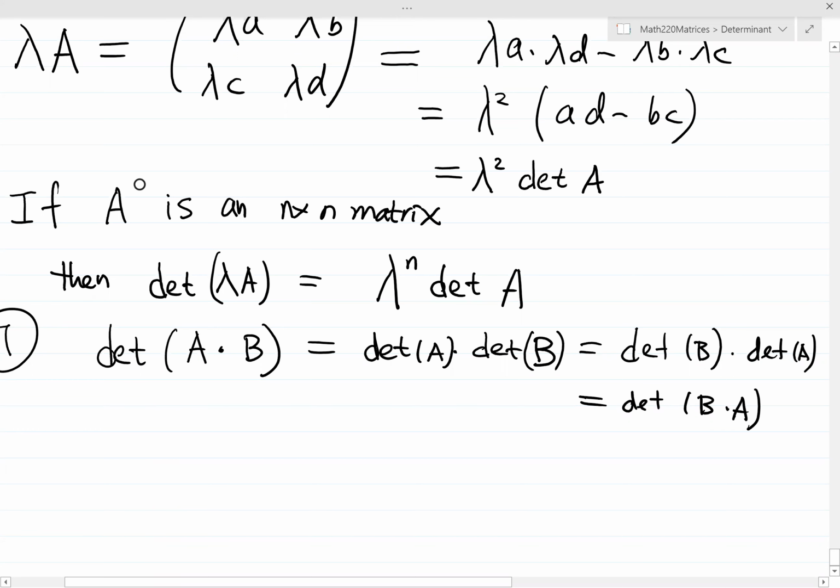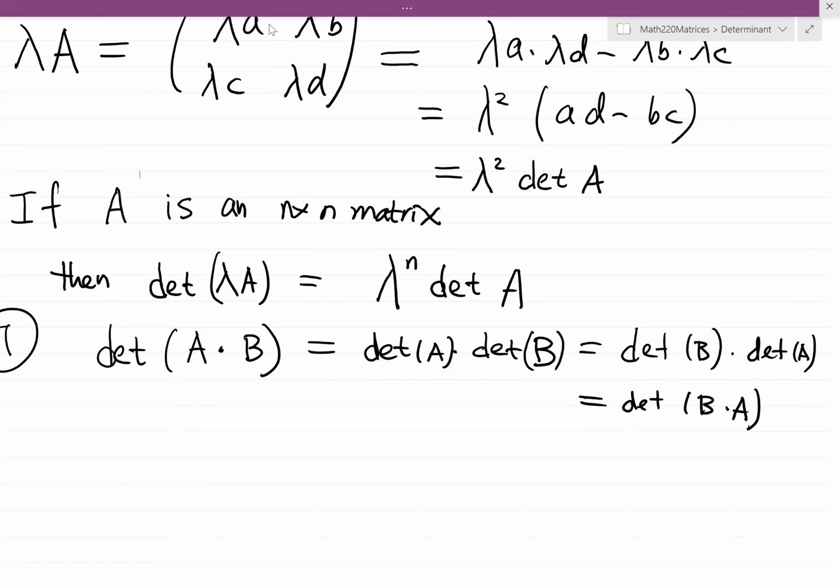Two matrices A and B, their product AB is not necessarily equal to BA. However, if you take the determinant, you recover the commutative property. So matrix multiplication is not commutative, but if you apply the determinant to a matrix product, you recover the commutative property. This is a nice property.